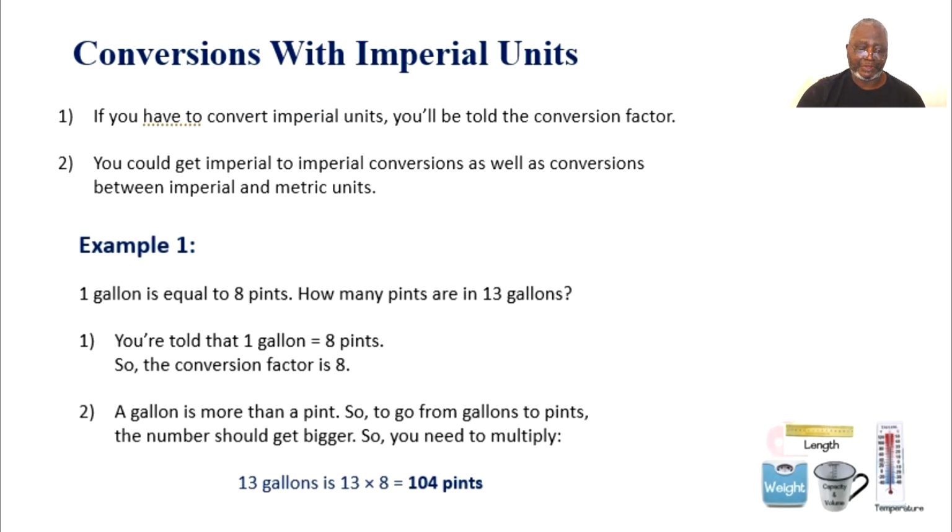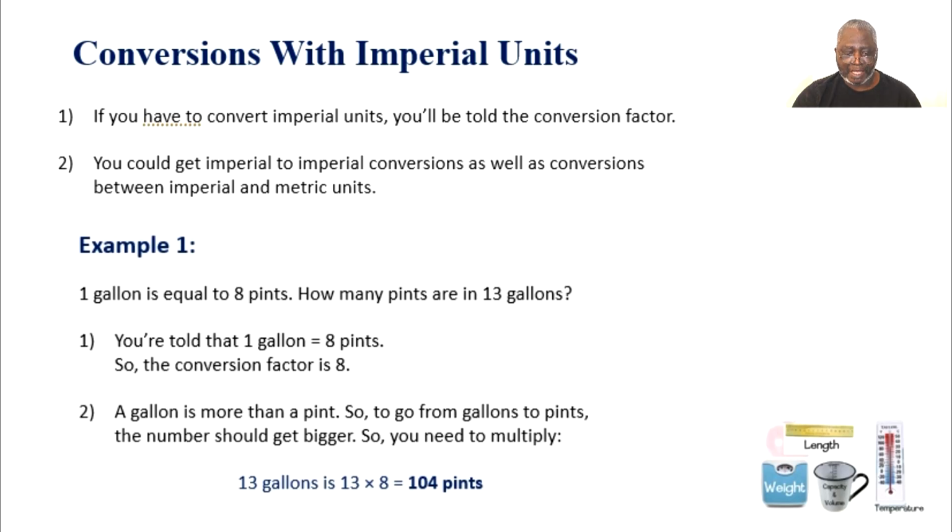Conversion with imperial units, that is pounds, ounces, and so on. If you have to convert imperial units, you'll be told the conversion factor. You could get imperial to imperial conversions as well as conversions between imperial and metric units. Example 1. 1 gallon is equal to 8 pints.